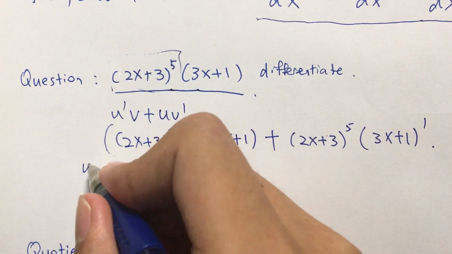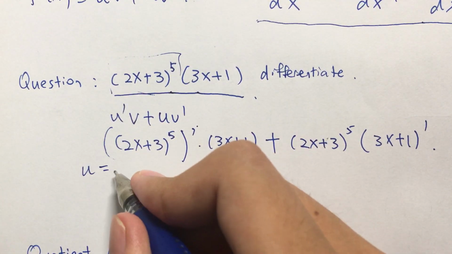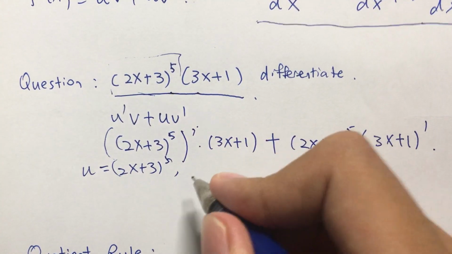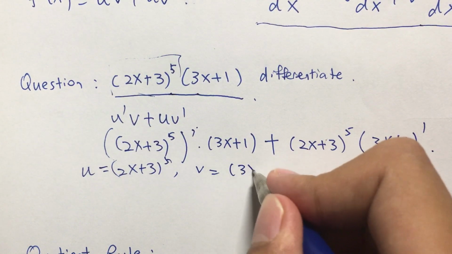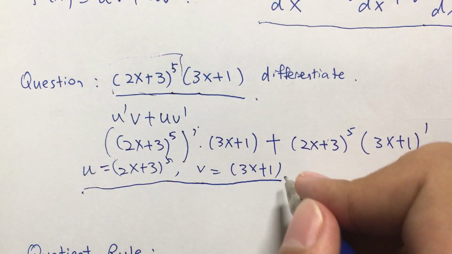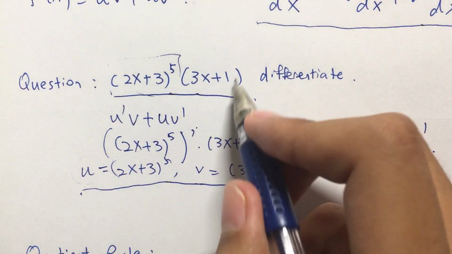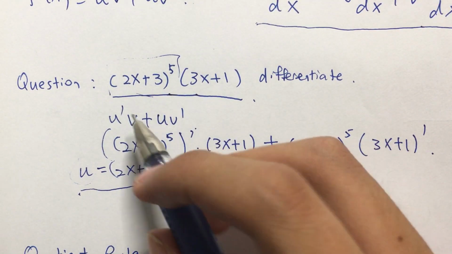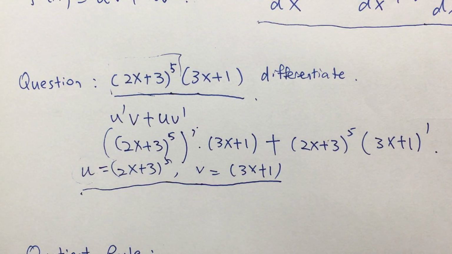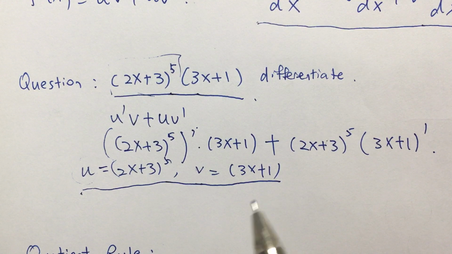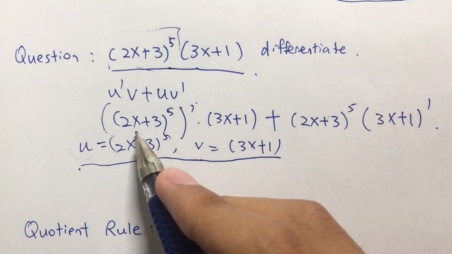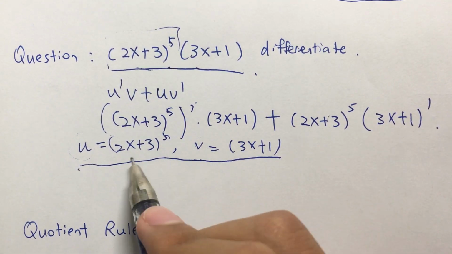And here we know that u is equal to (2x plus 3) to the power of 5 and v is equal to 3x plus 1. You can assume u as 3x plus 1 or v equals (2x plus 3) to the power of 5. You can express u and v as anything you want. So just try to solve this question by using that.